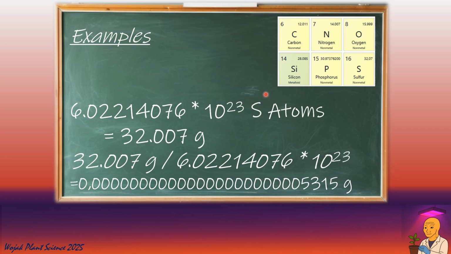But just so you understand, when we have that atomic mass, we can calculate the weight of any number of atoms. When you want to know the weight of 1 million sulfur atoms, then you just need that number times 1 million.